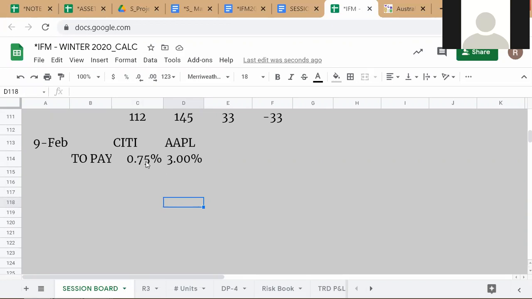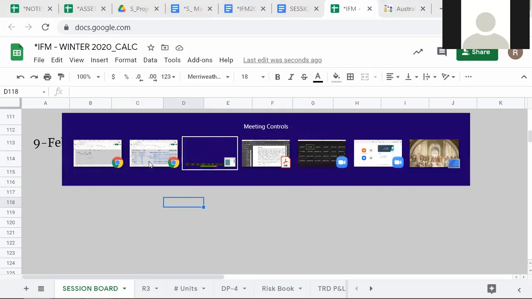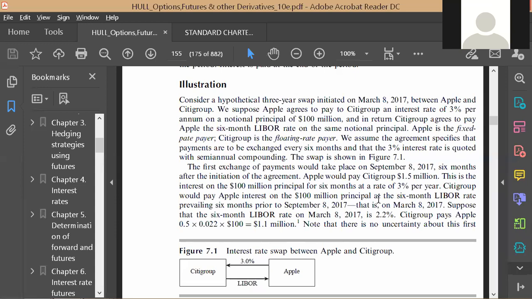This is a 6-month LIBOR fixing. They haven't told us in this case, but they've given the example: 2.2%. So I don't need to do the calculation, it's already there. So Citi has to pay this.